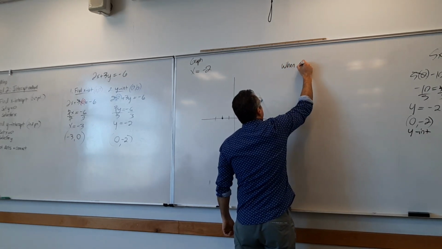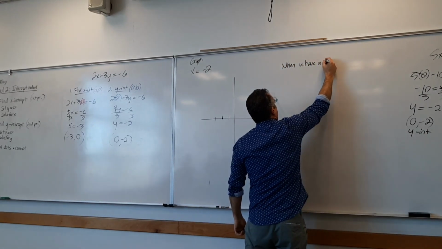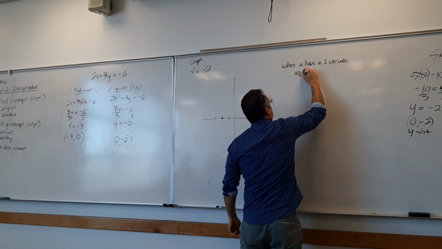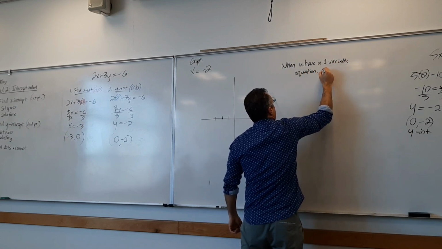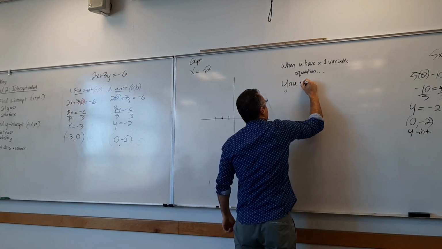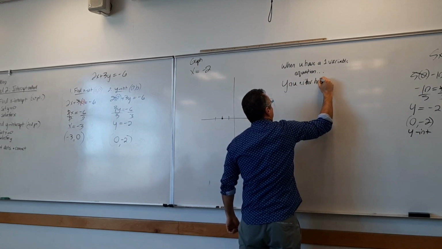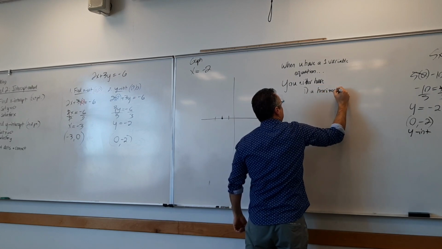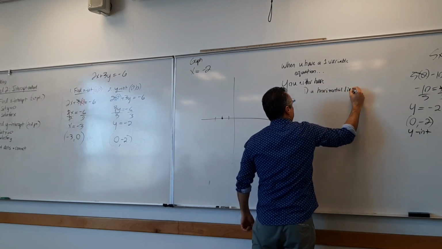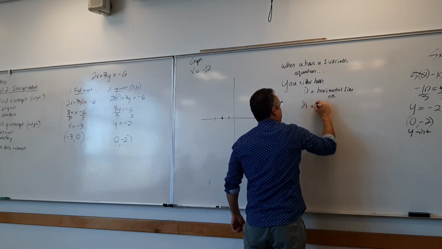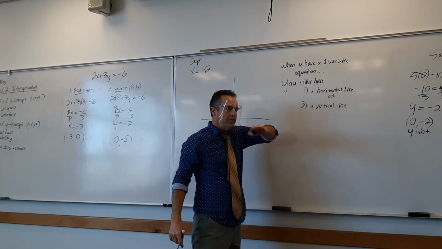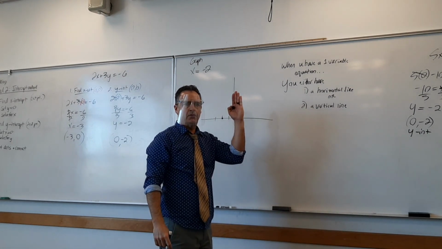When you have a 1 variable equation, you either have 1, a horizontal line, or 2, a vertical line. That means horizontal, perfectly flat, vertical, perfectly up and down, right?